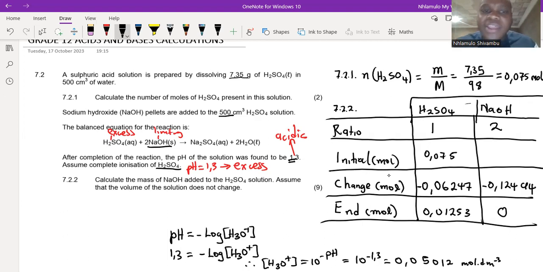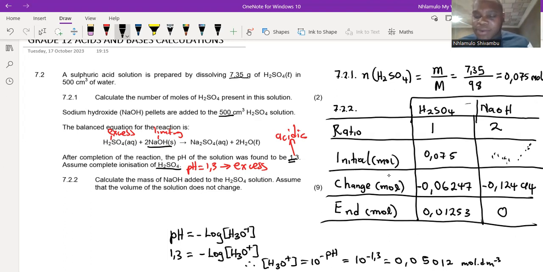If they are looking for the initial mass, it means that we must first get the initial number of moles, which is this box here. If we can get the initial number of moles, it's going to be simple for us to get the initial mass. So with the information that we have already, we can calculate the initial number of moles of NaOH.